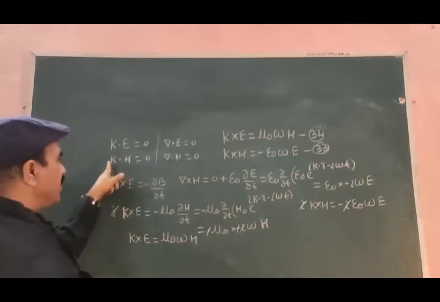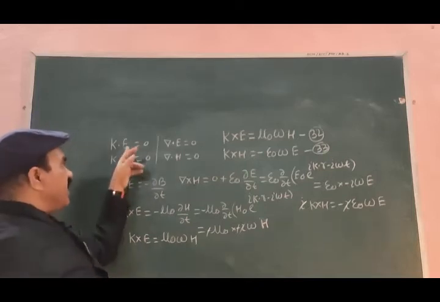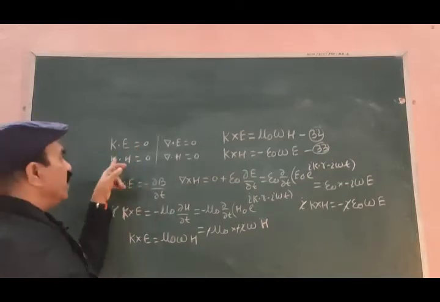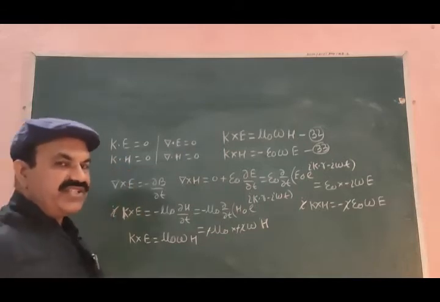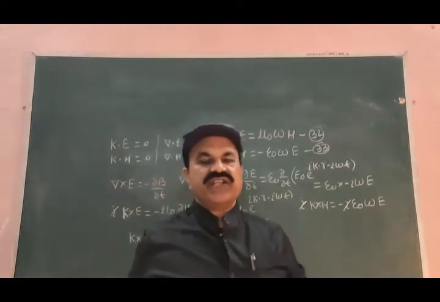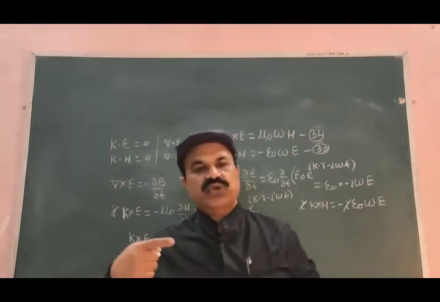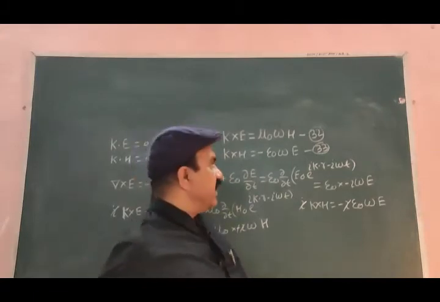Interpretation of this is K and H are perpendicular to each other. It means that E and H both are perpendicular to the propagation vector K, that is the electrical component E and magnetic component H both are perpendicular to the direction of propagation of the electromagnetic wave.